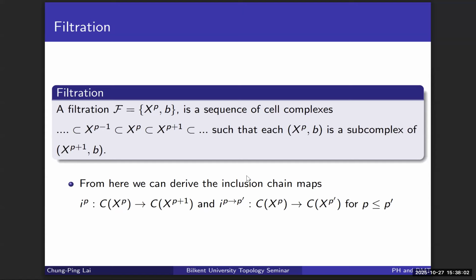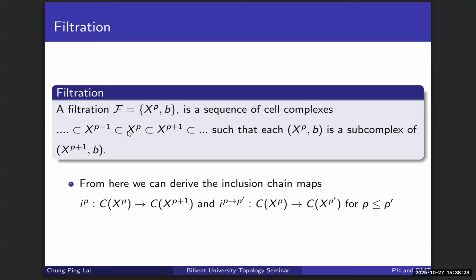So we have an inclusion relation: we can include from p to p+1, but we can also include from p to p', skipping over a lot of the intermediate cell complexes. And also, I almost forgot.